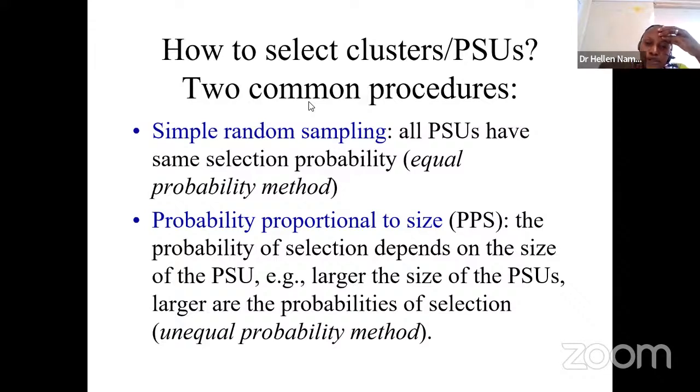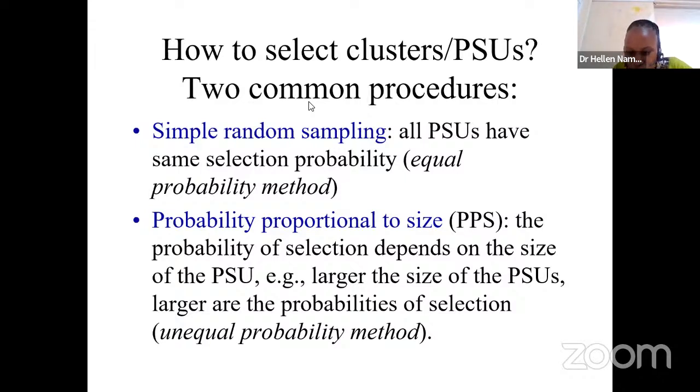In this particular case, all the primary sampling units have equal chances of being selected. We are saying that they have the same selection probability. That is an equal probability method. However, there is also another scenario whereby you can use the probability proportional to size approach in case you want to select your clusters.